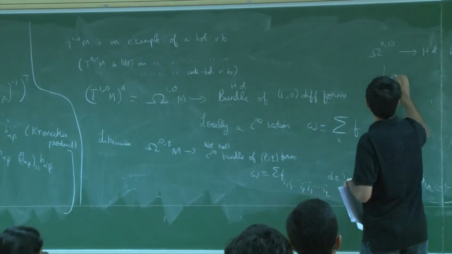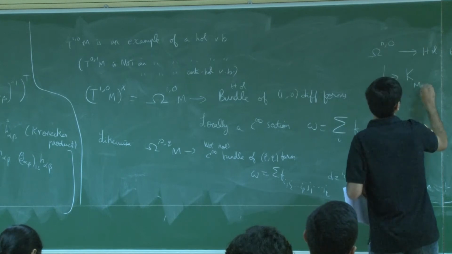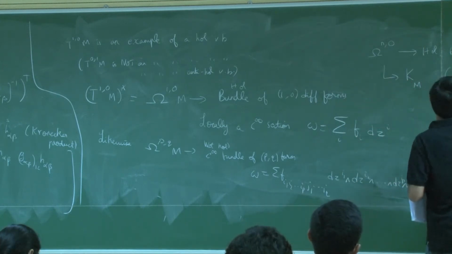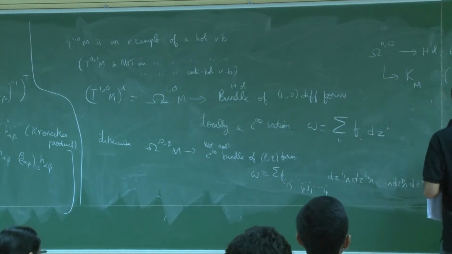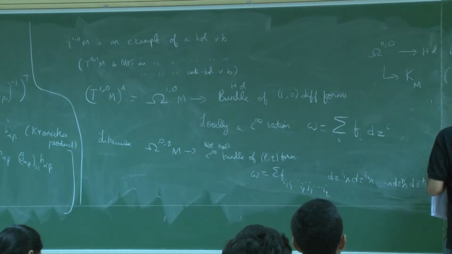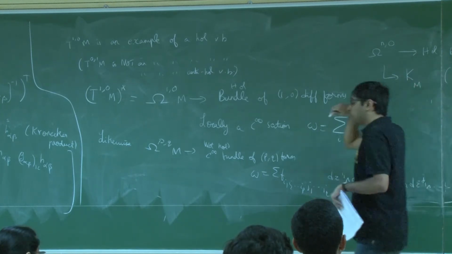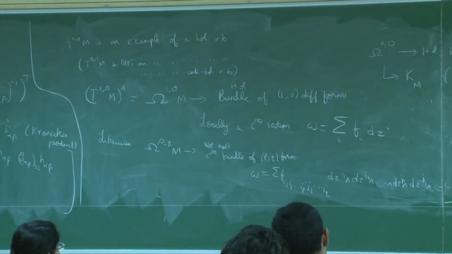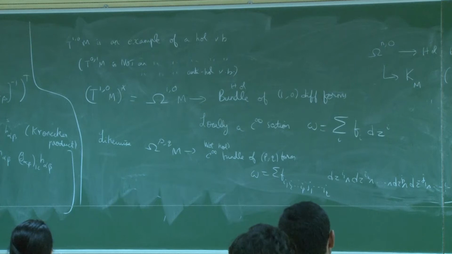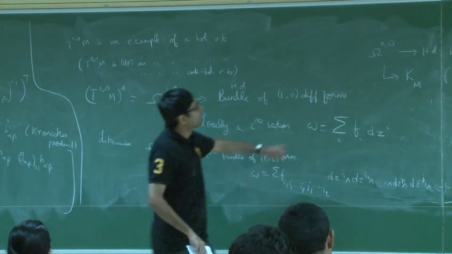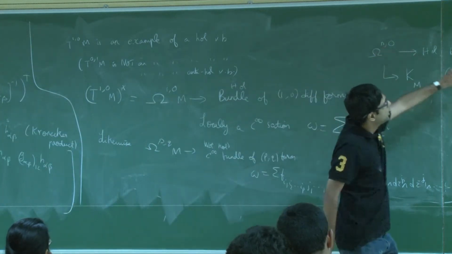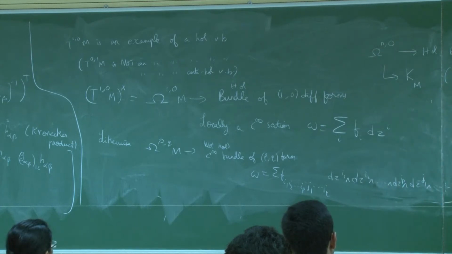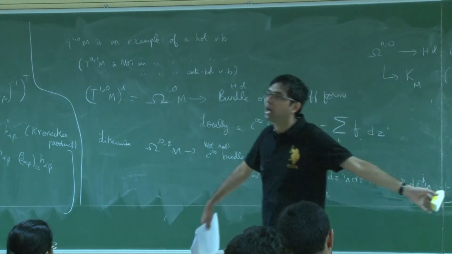This is sometimes written as K M and is called by algebraic geometers the canonical bundle. It's just terminology for the maximum dimension for these, right? You don't have any more dz's to play around with, that's the point. And it's a holomorphic one, there are no bars in the equations.